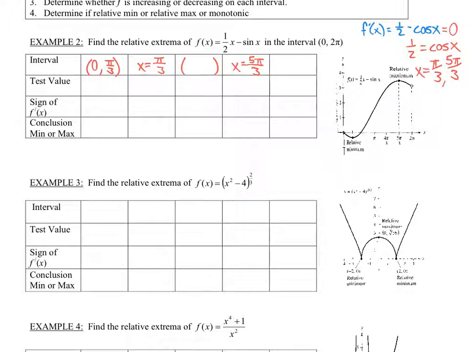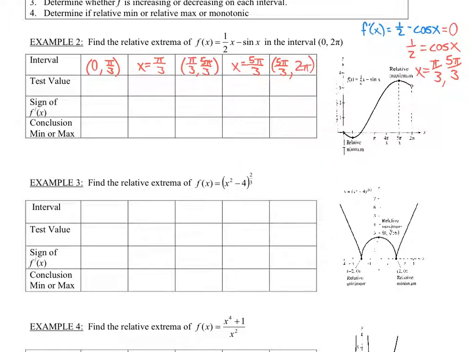The interval from x equals 0 to pi over 3, not including pi over 3. So then this is where it equals pi over 3. And then the next interval goes from pi over 3 over to 5 pi over 3. And then the last one goes, once we pass 5 pi over 3, up to 2 pi.